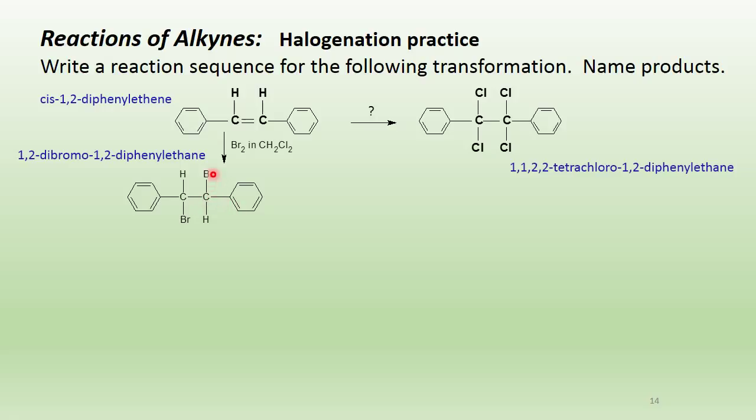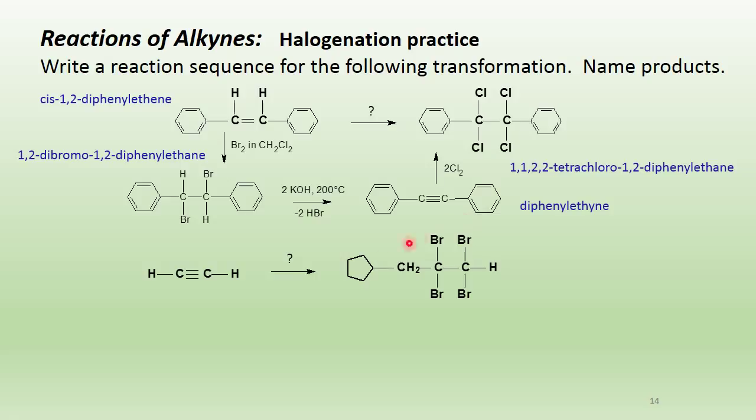We can then carry out a double dehydrohalogenation, 2 HBr molecules, with 2 equivalents of KOH at 200 degrees C to give us the alkyne. This alkyne is diphenylethyne. To get to the tetrahalo product, we simply need to add 2 equivalents of chlorine, and we have it.